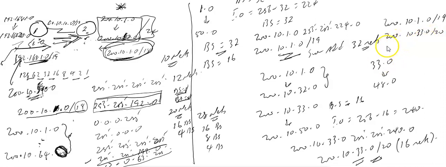Then the last two, 200.10.49.0/24 and 200.10.50.0/24. You notice that the last two are still /24, meaning I did not summarize them.